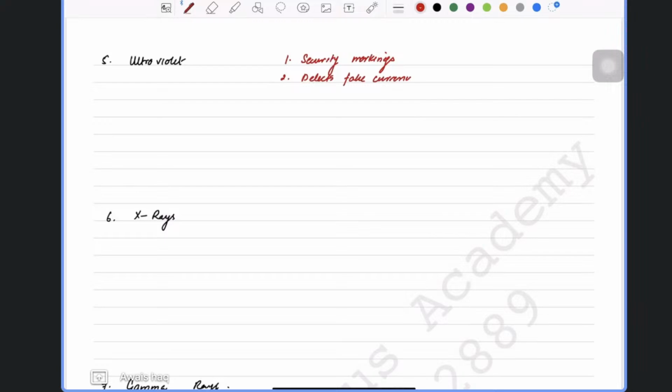Sorry, I didn't get the first part. Security markings are like, have you ever heard of invisible paint? No. There's a paint that's invisible, and if you have ultraviolet light, you can actually see that paint by shining some ultraviolet on it. It would glow.